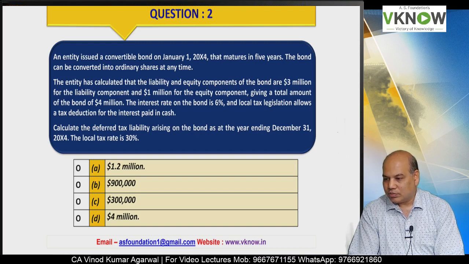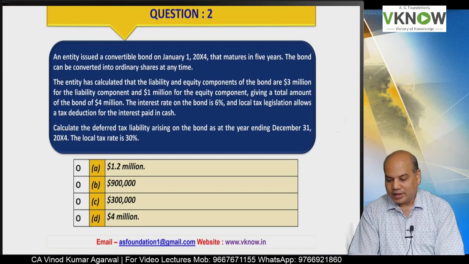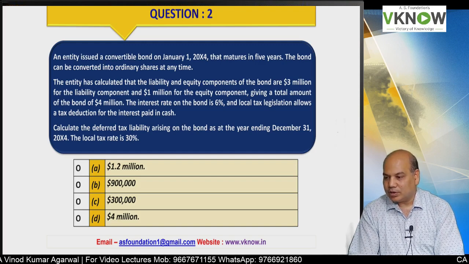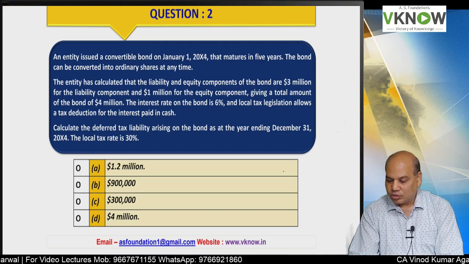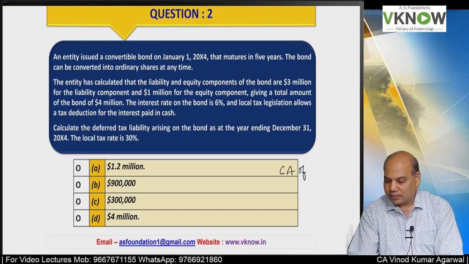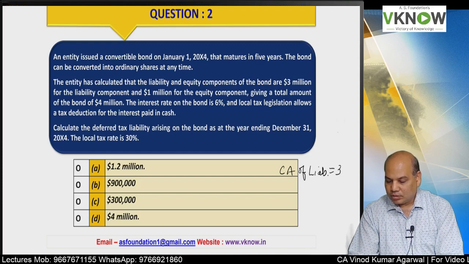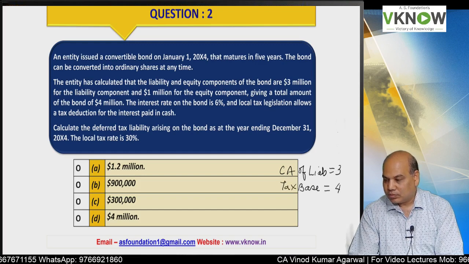So my question is, what will be the deferred tax liability in this example based on the details provided to us? The carrying amount of the liability is 3, the tax base will be 4.